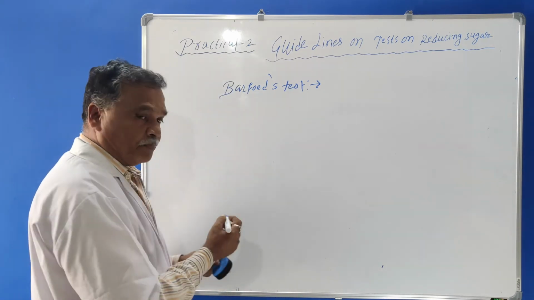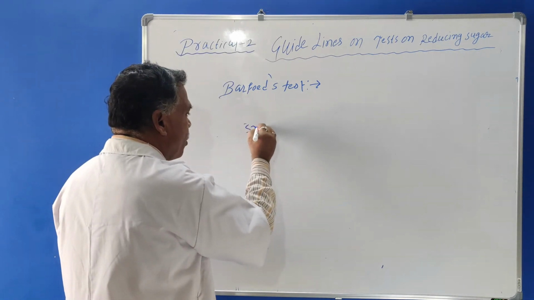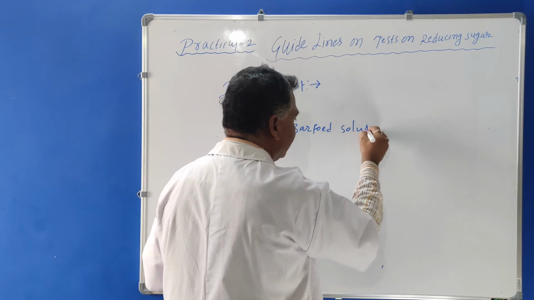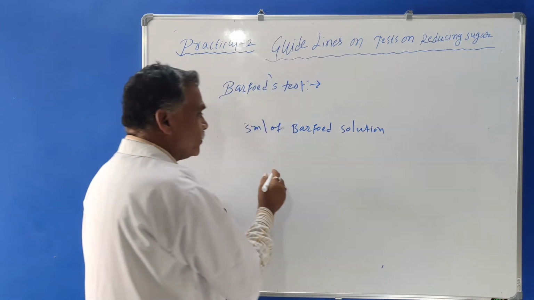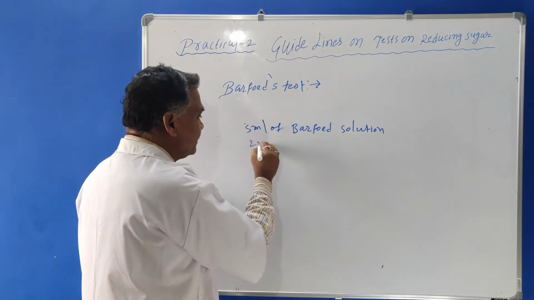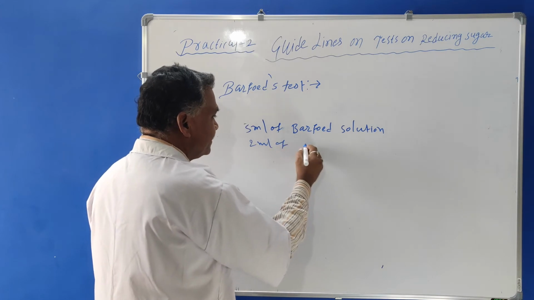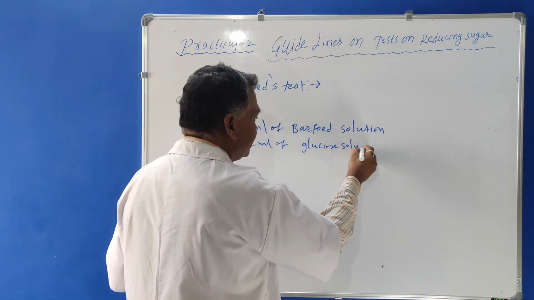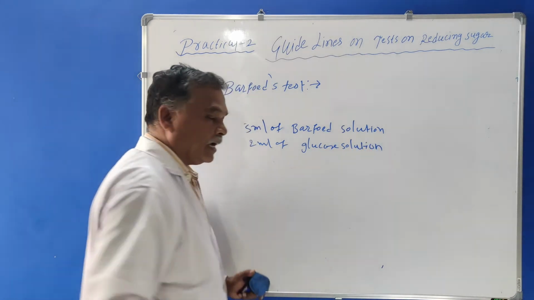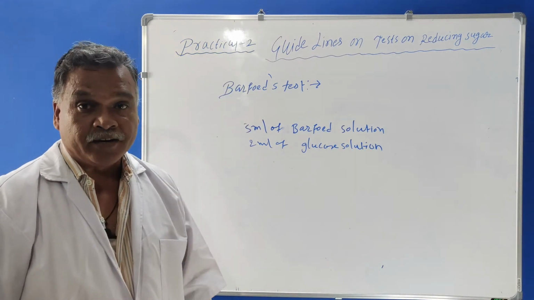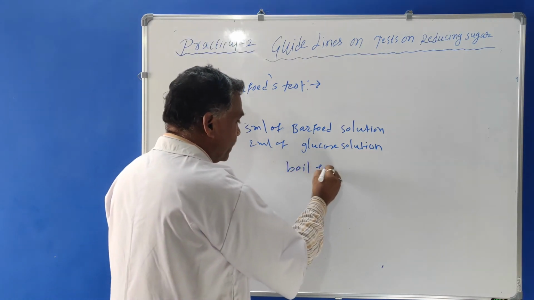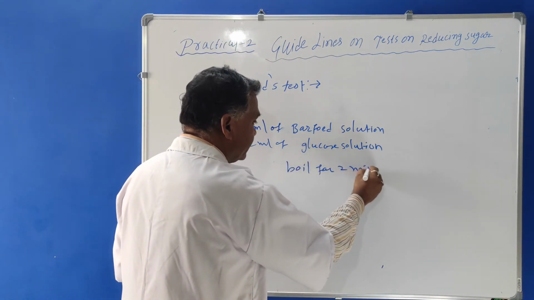The procedure is: 3 ml of Barfoed reagent is taken, and to this 2 ml of glucose solution is added, and it is boiled for 2 minutes.